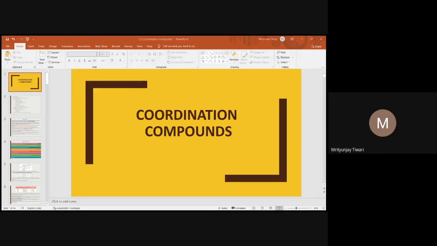The charge on the coordination entity should be shown after the square bracket, as a right superscript, and the charge is shown after the number. So 2+: we write the number first and then the plus sign because this is a real charge. If you write the sign first and the number later, it means it is not a real charge, it is an oxidation number.